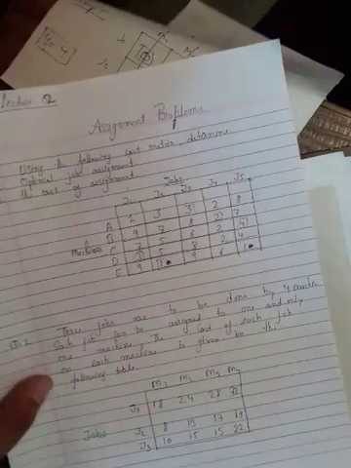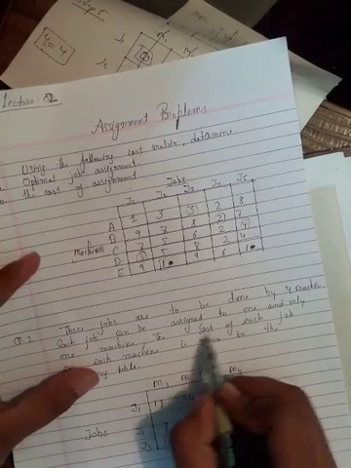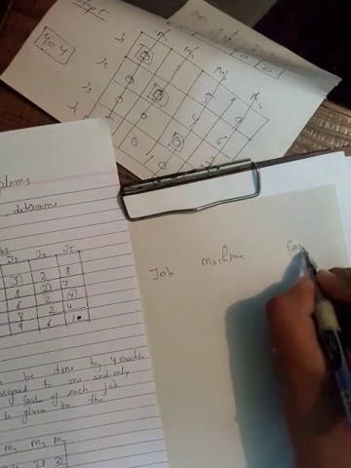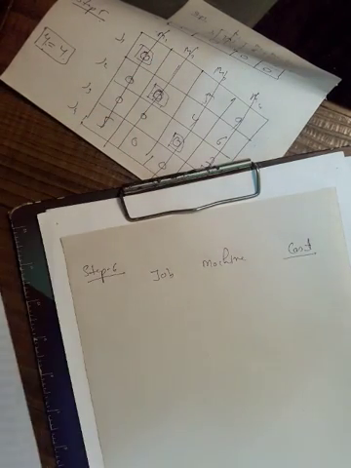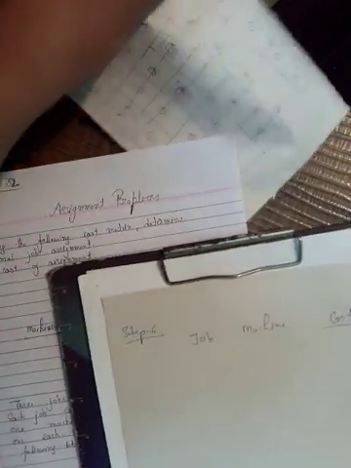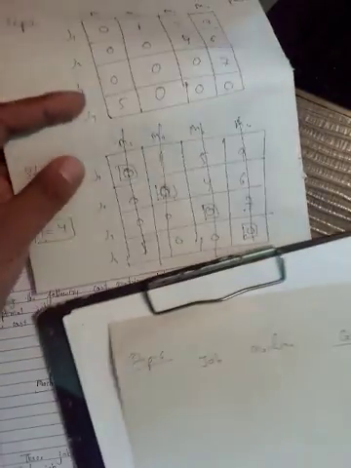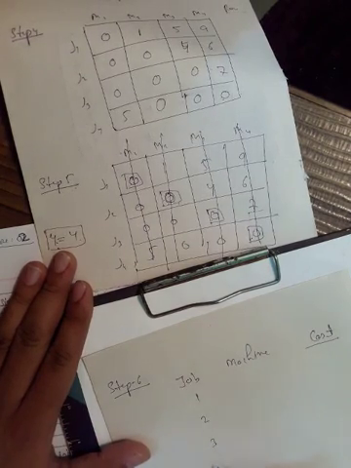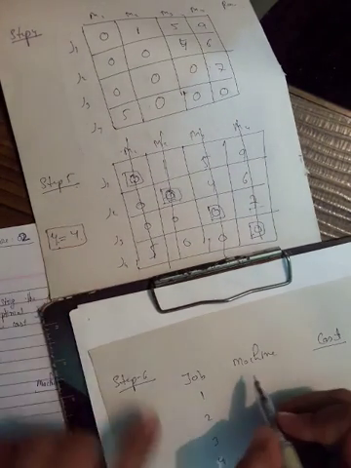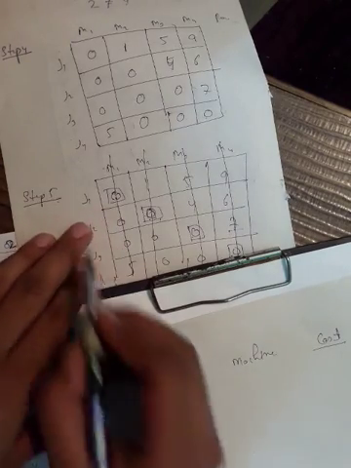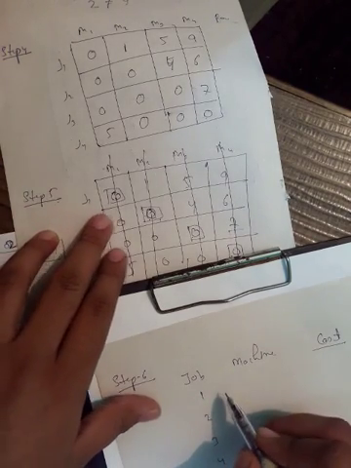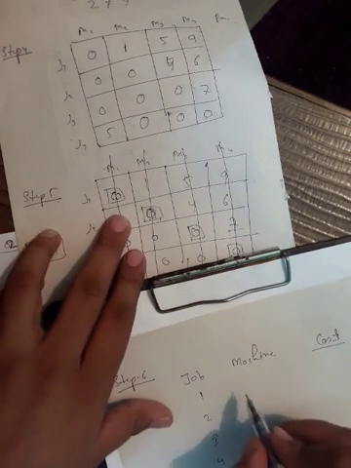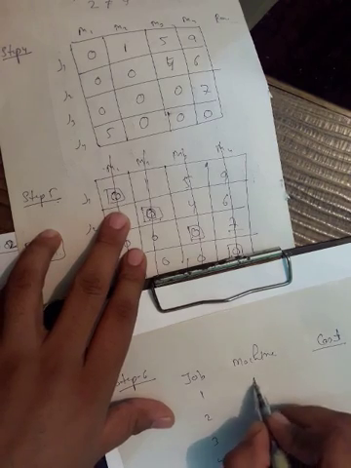In the question the values are given as cost, so you will get the cost here. Now here are the jobs 1 2 3 and 4. Job 1 is completed by M1, so you write 1.